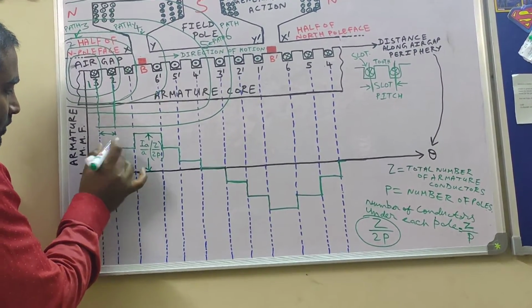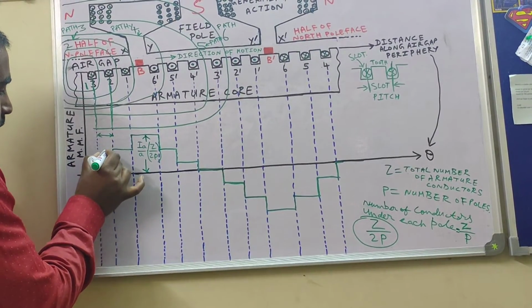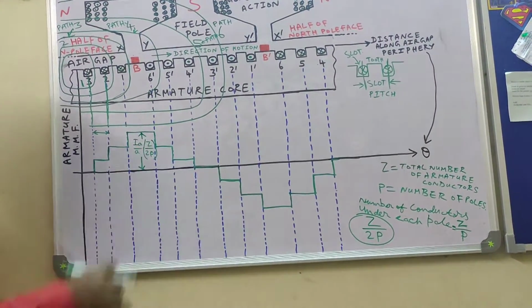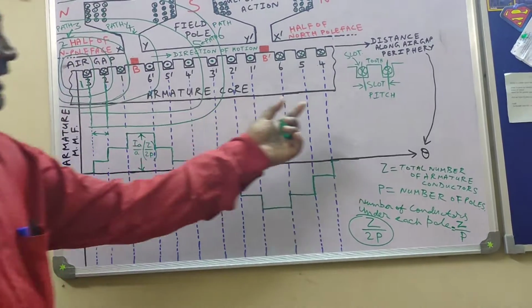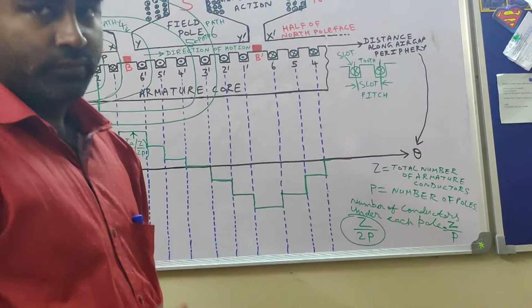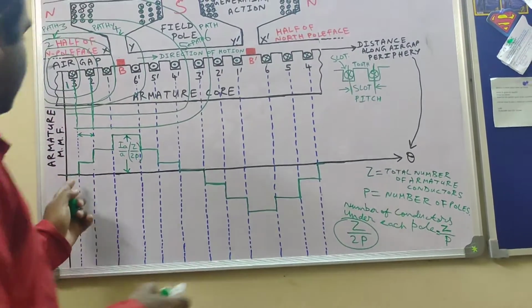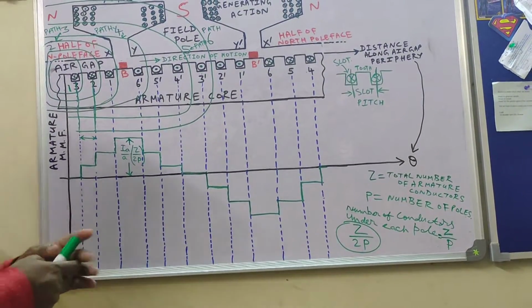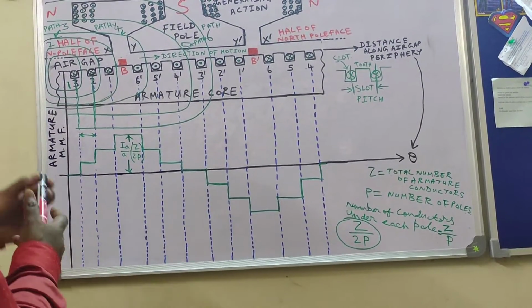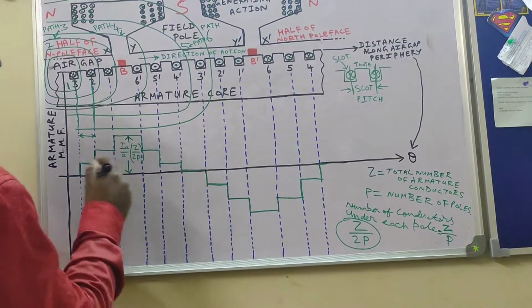Instead of this flat portion, we could make it a sloping or rising portion. So if the slot pitches are very narrow, then this MMF can be approximated by an MMF of something like this nature.